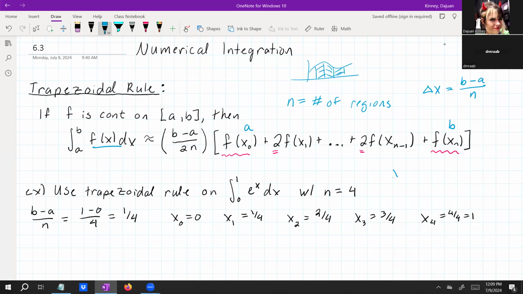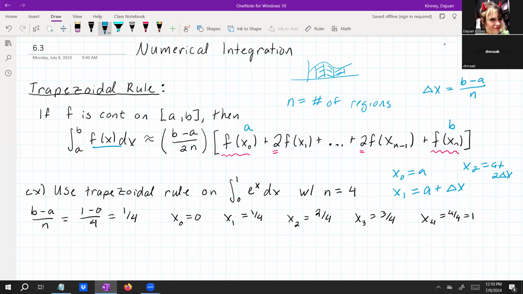So our x0 equals a, x1 equals a plus delta x, x2 equals a plus 2 delta x, etc. You keep going until you get to your final step, which should be your b value.